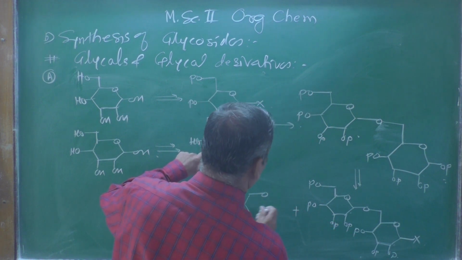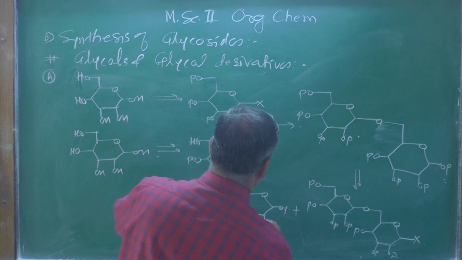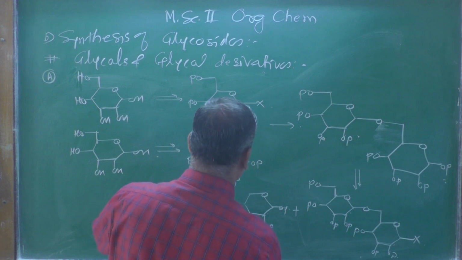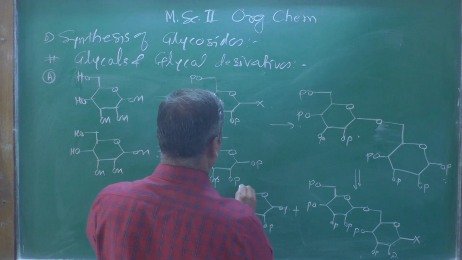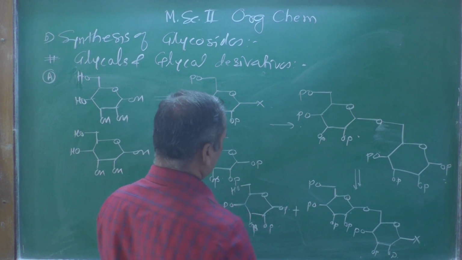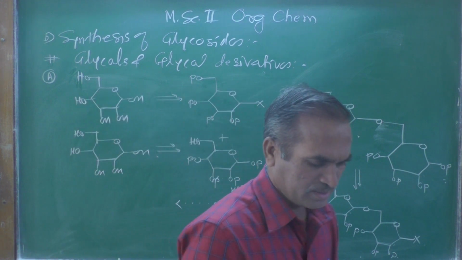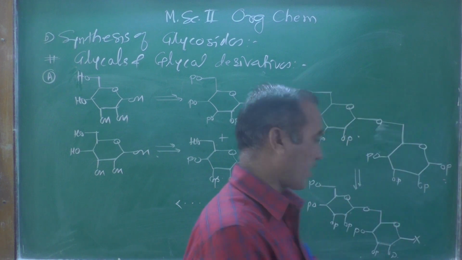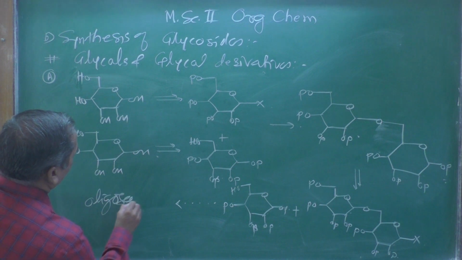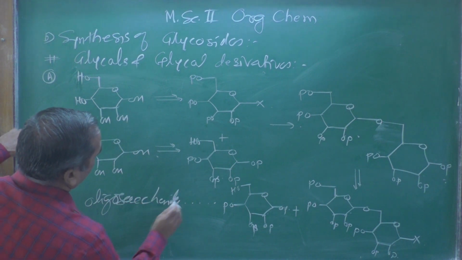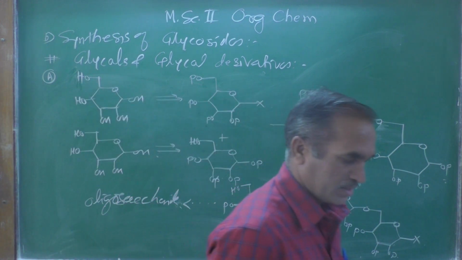If you treat with this compound, OP, then OP, and here is a PO, then this compound, hydroxy group, and then you are going to get finally this oligosaccharide. What you are going to get here? Oligosaccharide. This is the compound you are going to get.